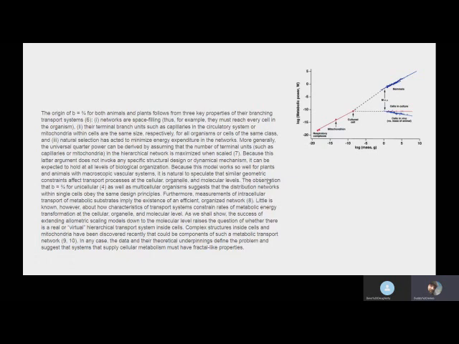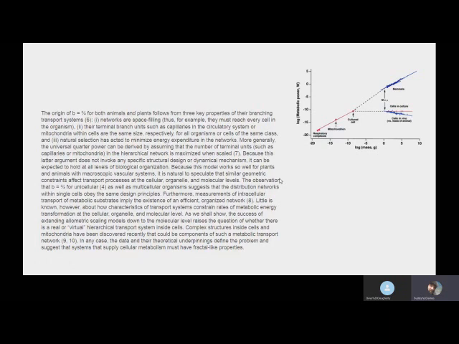Because this model works so well for plants and animals with macroscopic vascular systems, it is natural to speculate that similar geometric constraints affect transport processes at the cellular, organelle, and molecular levels. The observation that B equals 3/4 for unicellular as well as multicellular organisms suggests that the distribution networks within single cells obey the same design principles.